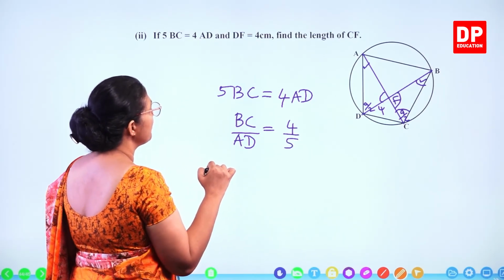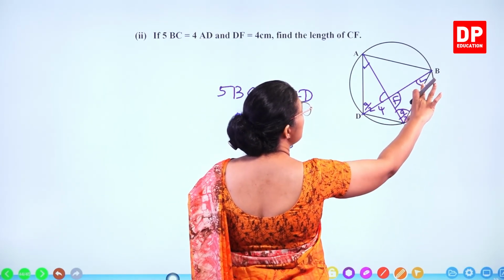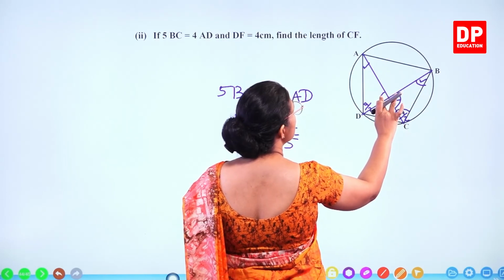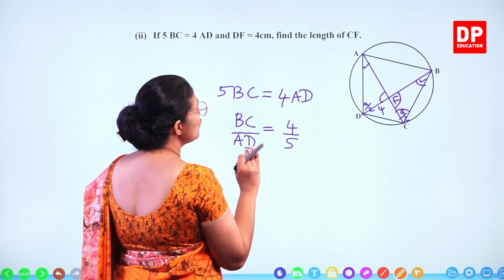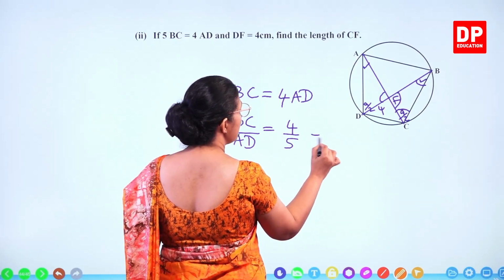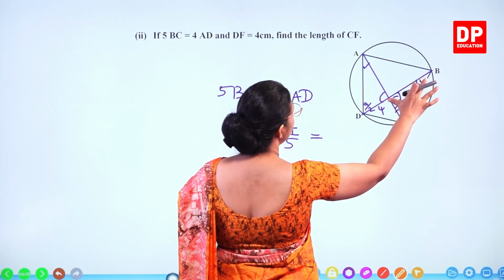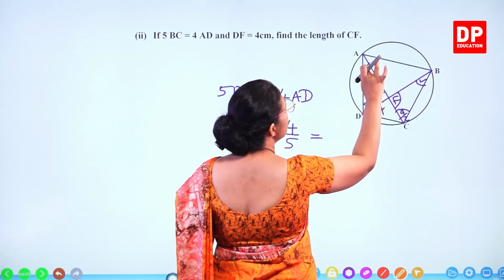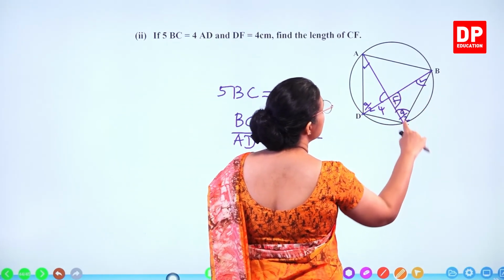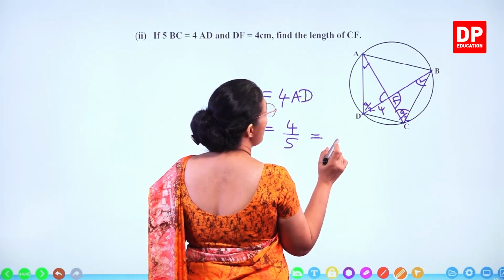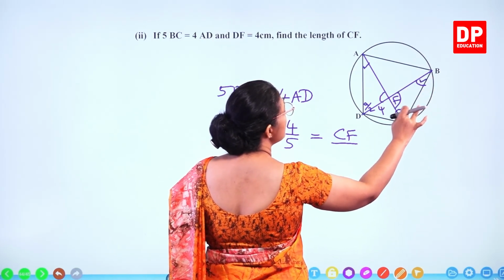That ratio is given. BC is the opposite length of this angle. Opposite to this angle is AD. The ratio is 4:5. So you can write the same thing with another ratio. Here we need opposite to this angle. So DF is given. Opposite to this angle is CF.